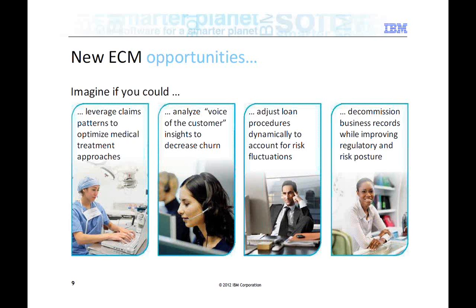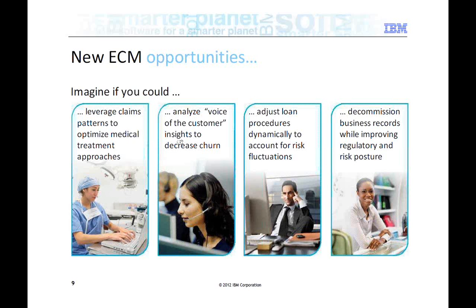Similarly, in retail banking, you can change the loan procedures dynamically to account for risk fluctuations. It may not always be a standard process that we follow. You can adopt more dynamism in your workflow process and in your case management. Similarly, in legal governance, you can have an appropriate strategy for decommissioning business records at an appropriate time in their life cycle.